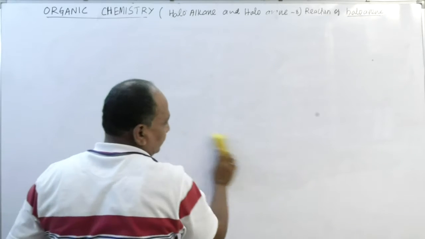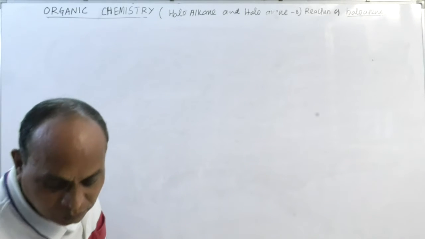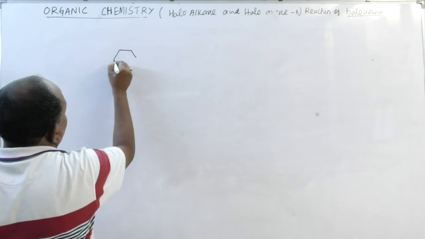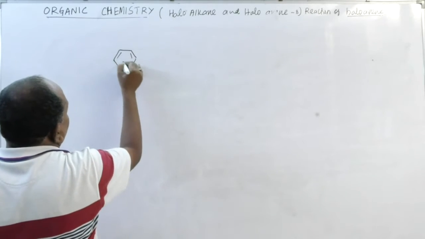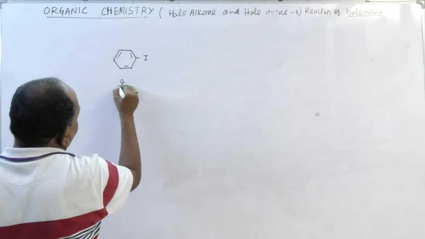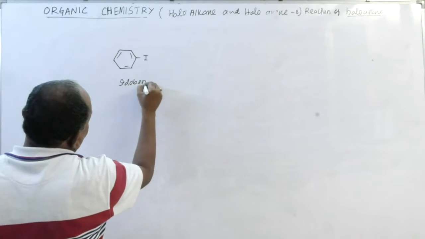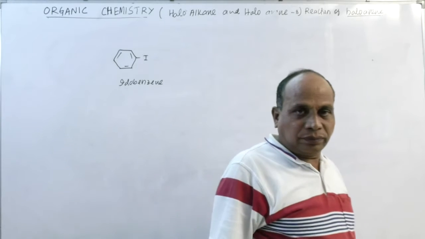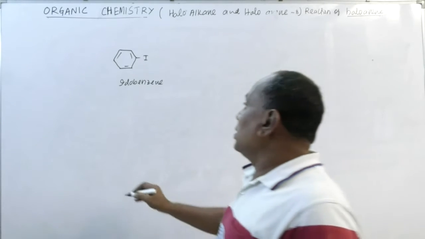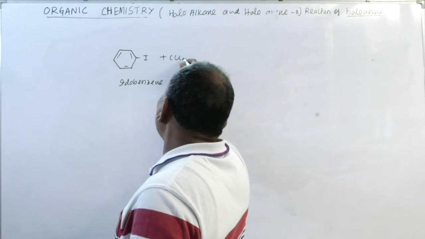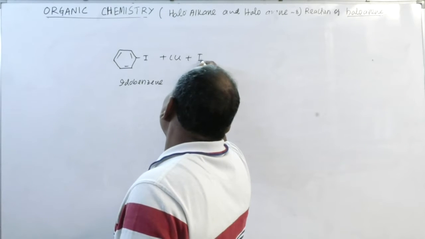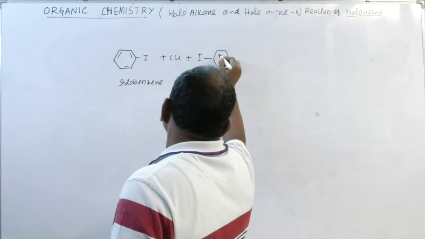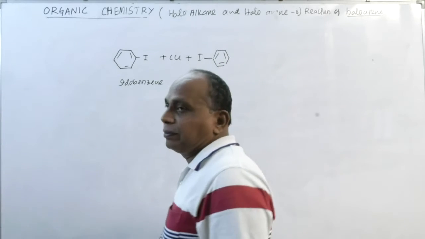Next, suppose you take iodobenzene. You take two molecules of iodobenzene and heat with metallic silver powder or metallic copper powder.